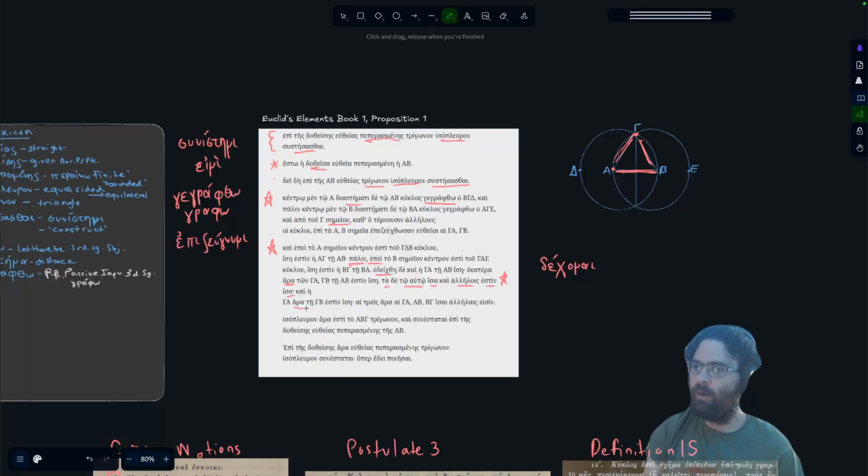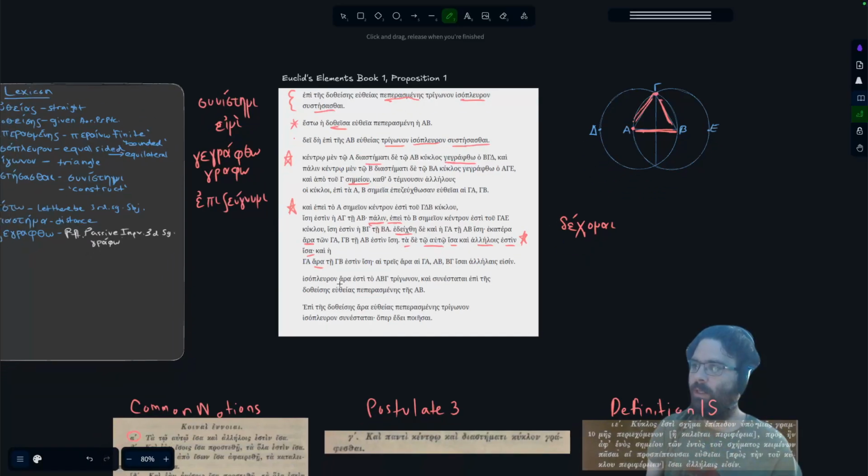And then we have another ara here, so, and therefore gamma alpha, this line, is equal to gamma beta. And the three, gamma alpha, alpha beta, beta gamma, are equal to each other. So we're just pointing out that this is, in fact, an equilateral triangle.